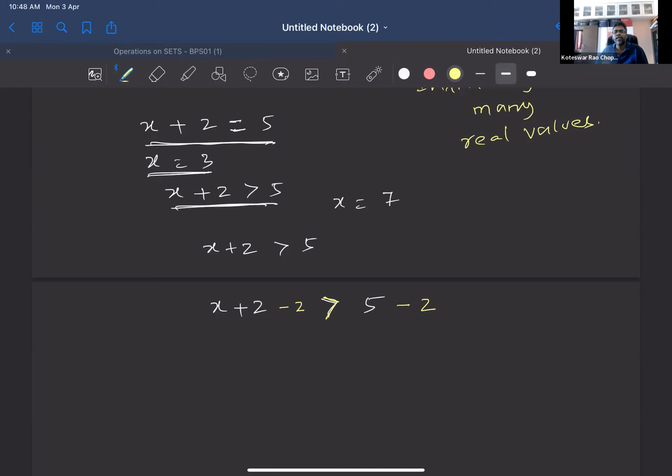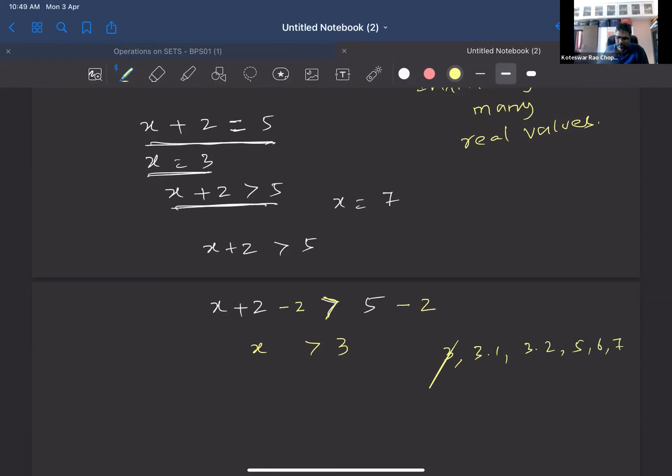So on the left hand side you have x, and on the right hand side you have 5 minus 2, 3. So that means x can take any value which is greater than 3. So it can have values like 3.1, 3.2, 5, 6, 7. No, it cannot be 3. It can have any of these values.